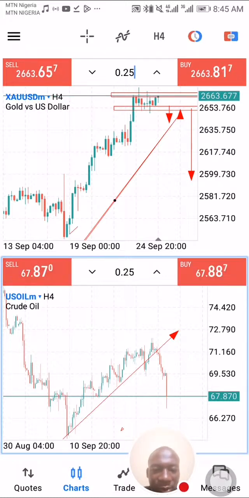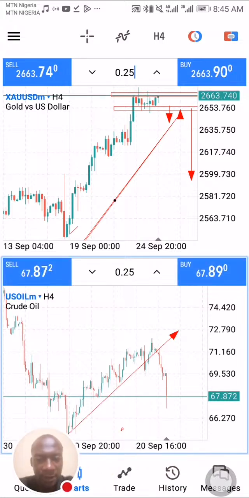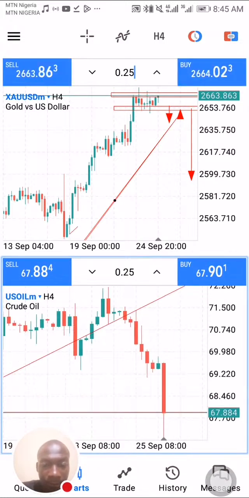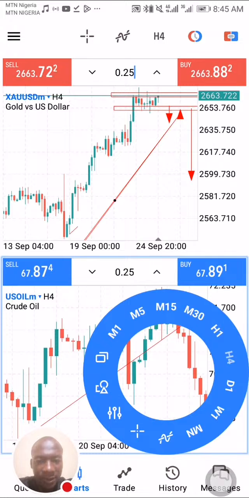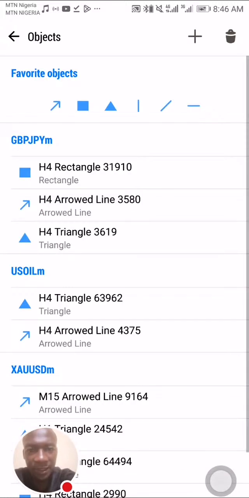I think the trend was broken twice. Let me zoom that in. So here was the break. We have a breakout and a break back into structure around this level.